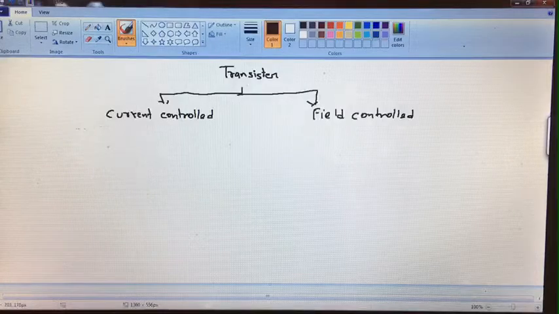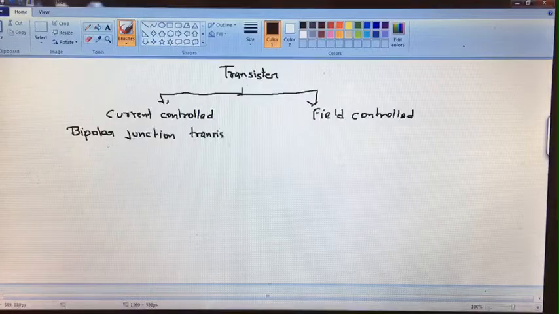In current controlled device, it is BJT, Bipolar Junction Transistor, and when it is controlled with the help of voltage, then it is known as field effect transistor.